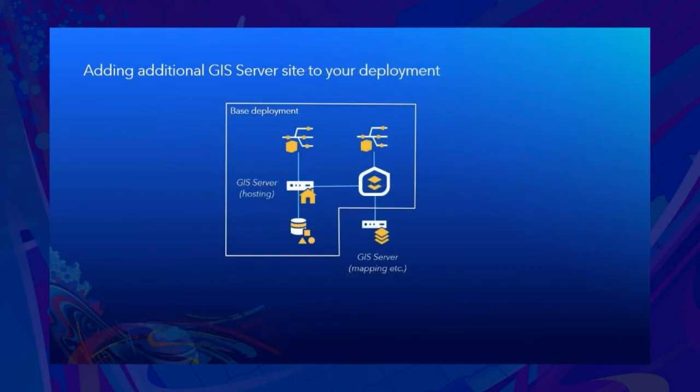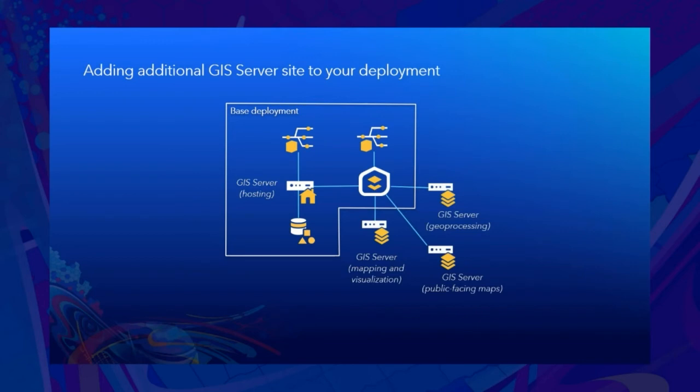Looking at this from a deployment perspective, we have our base deployment there in the box. Now what we can do is we can federate a GIS server to that base deployment and bring that additional capability to our users. We can have many GIS server sites, as we talked about.